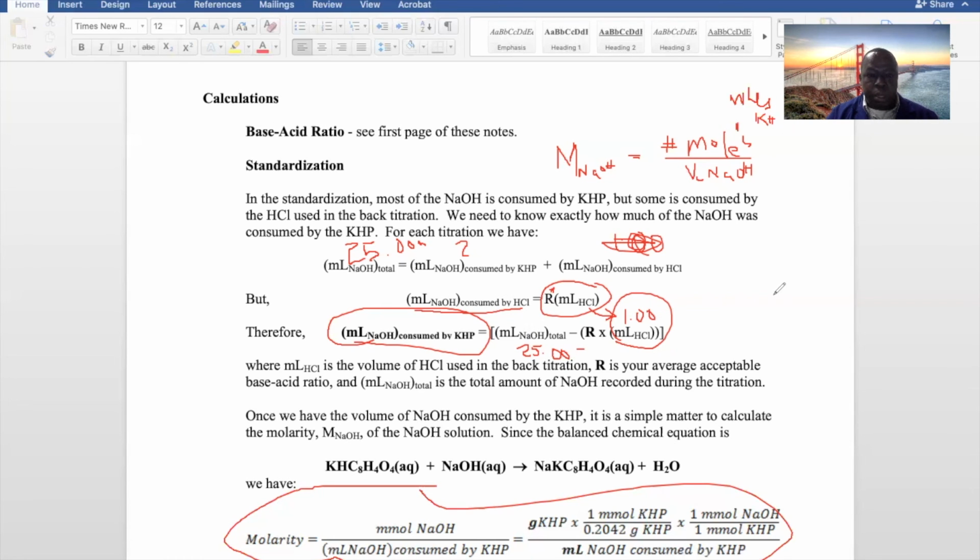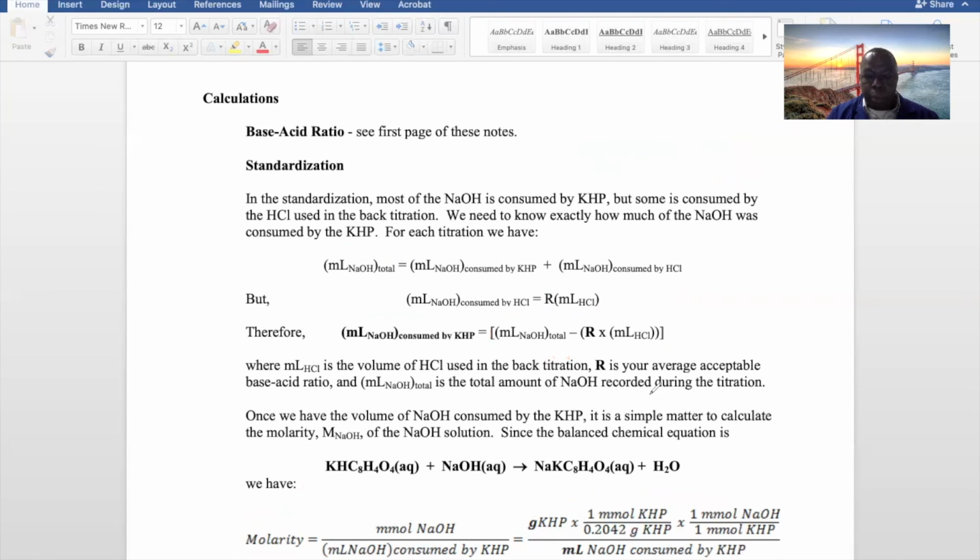Once you know the volume consumed by KHP, all you have to know is that the mole ratio between NaOH and KHP is 1 to 1. And there you have the molarity of your NaOH, which you now use to titrate the unknown.